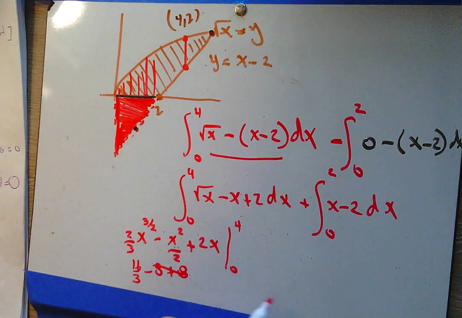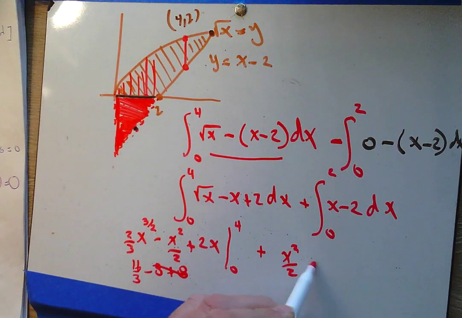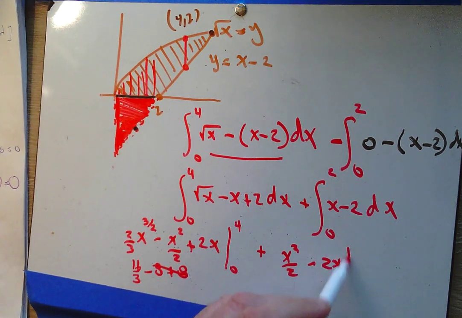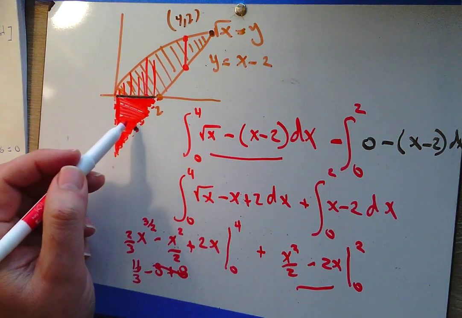So I get 16/3 from the first integral, plus x squared over 2 minus 2x from 0 to 2, 4 minus, what? That area is 0? That area is not 0. What's wrong with this?